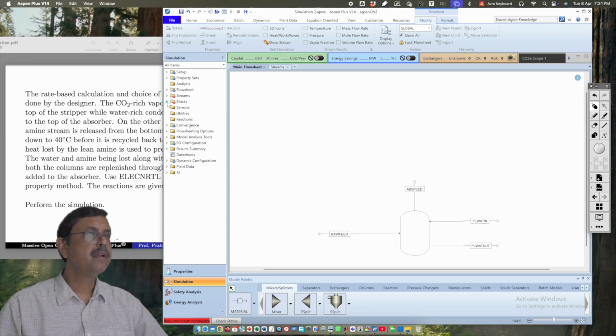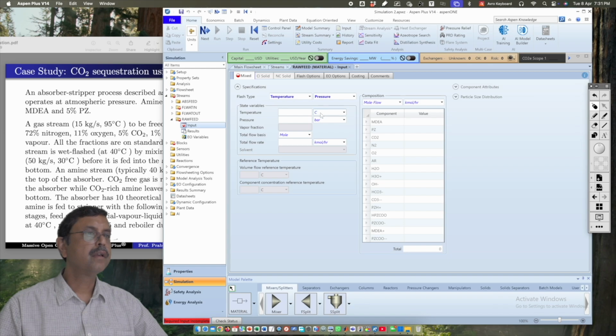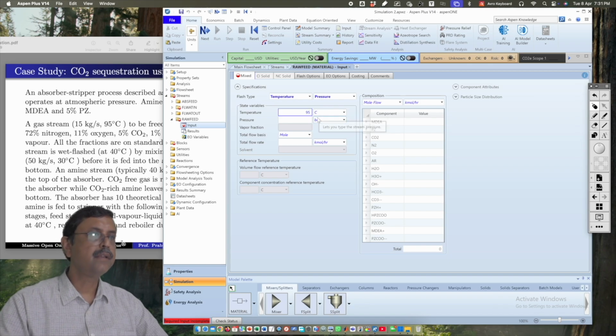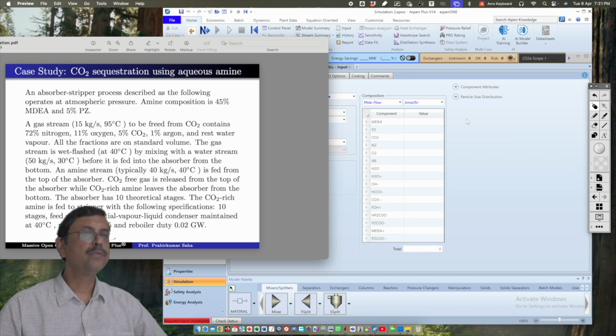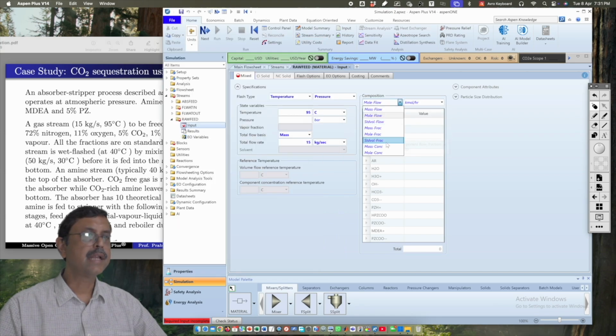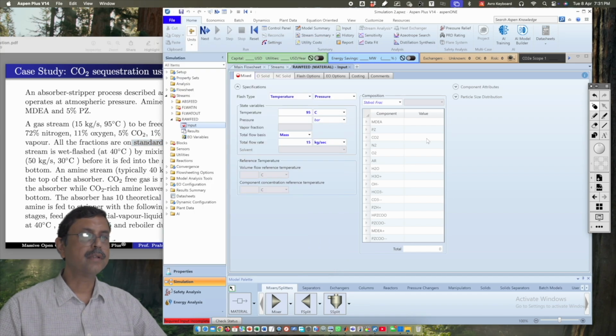The raw feed, we have to mention what the raw feed is. The temperature is 95 degrees centigrade. The mass flow is 15 kg per second. And the composition we have to write as standard volume fraction. Okay, so all the fractions are on standard volume. It is 72% nitrogen.